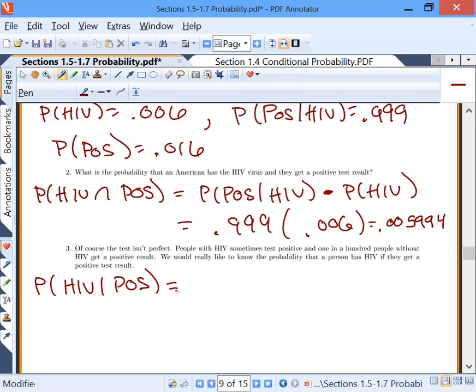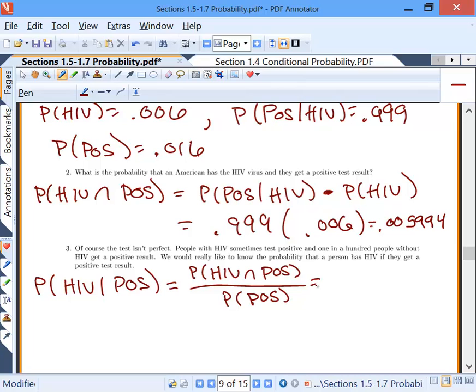Okay, do you have a formula to find a conditional probability? We know that we need to do the probability of the intersection divided by what probability? We divide always by the given probability, so divide by the positive.